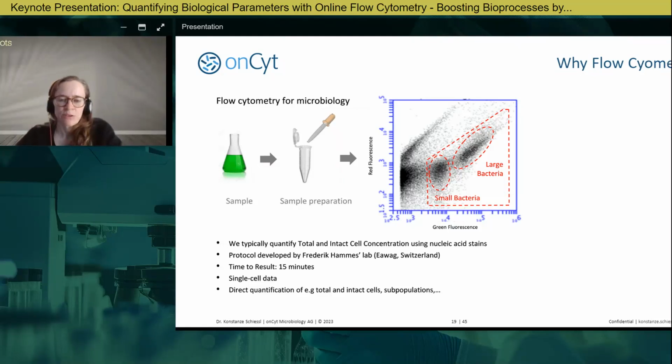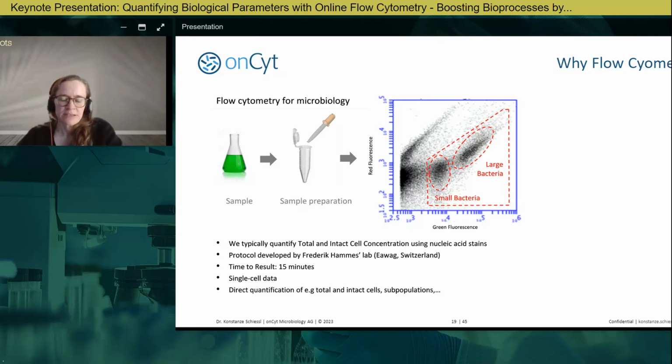So here now we show a data plot that you actually get with a flow cytometer. Typically what you plot is, for example, fluorescence. So remember there's the laser that excites the molecules in the cell, and then you collect the fluorescence that is emitted from there. And here we typically plot green over red fluorescence, and you see different clusters.